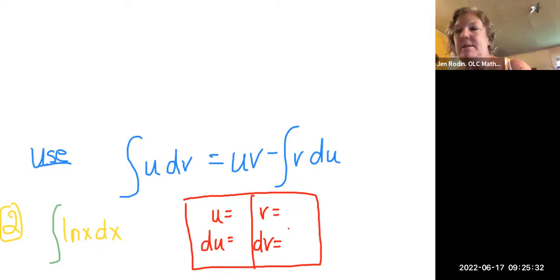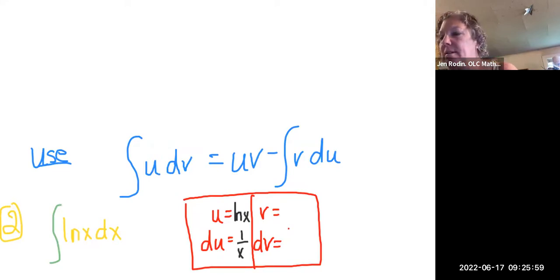In this one, I was like, well, there's only one thing, but we don't have a formula. I mean, well, there is a formula in the back of the book for the integral of natural log. But we're going to do it this way. So you let u be ln x. So du is 1 over x.